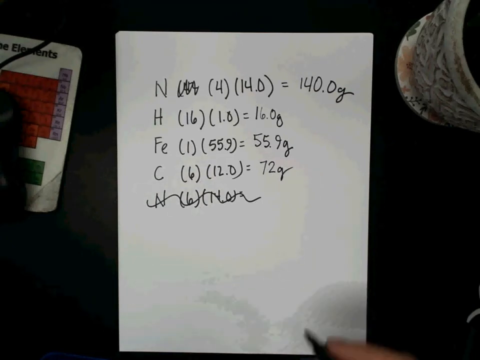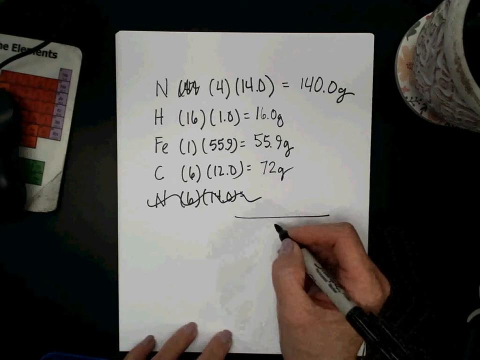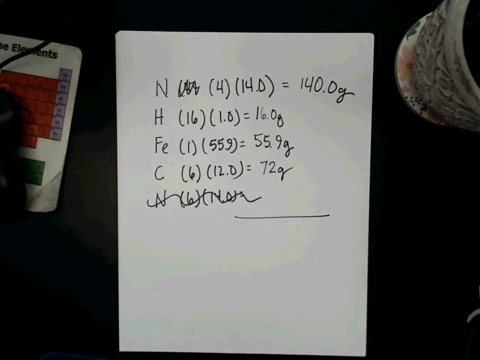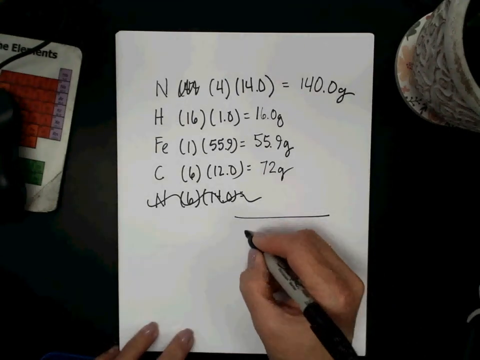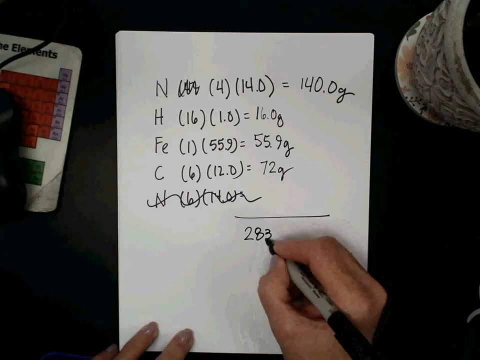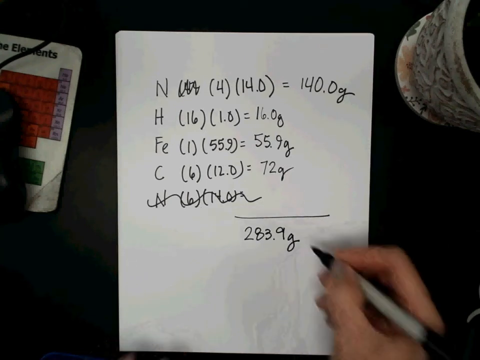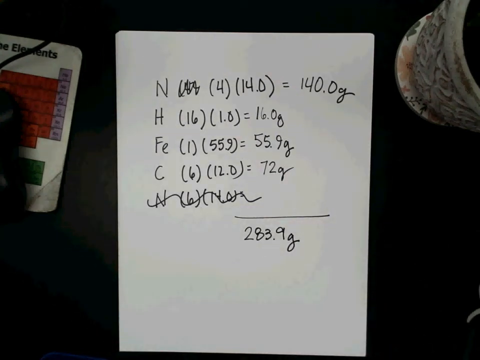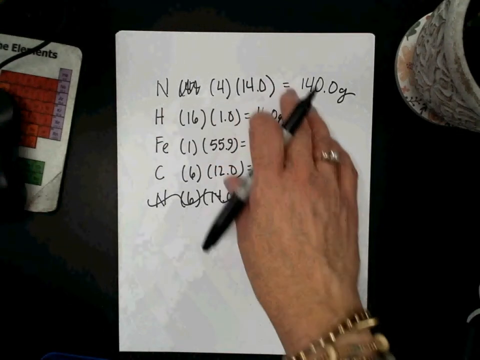Yes? Did anybody total it up? Marty, what'd you get? 283.9 grams. Total it and see if he's right. We good? All right, so that's the first thing we have to do.